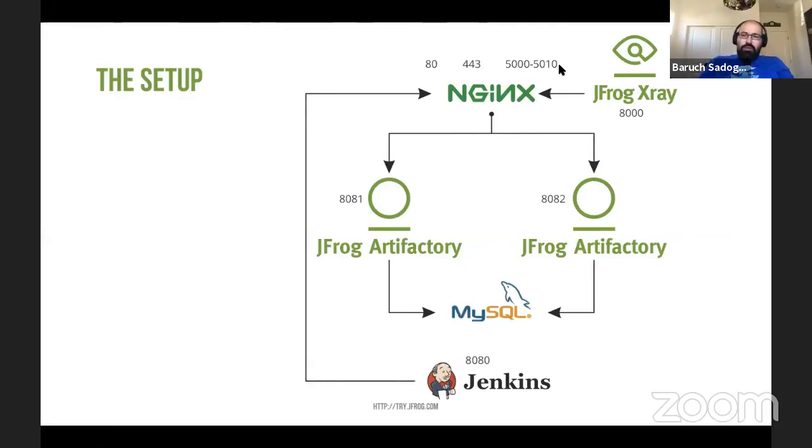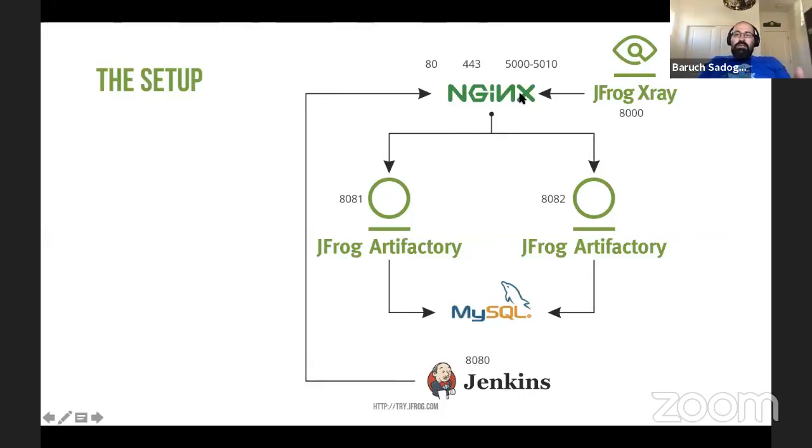And since the majority of you are experienced with Artifactory, you probably know that Artifactory enables you to expose multiple Docker registries inside one Artifactory instance, and those Docker registries are actually filtered by port numbers or by virtual hosts. Here we use port numbers 5000 to 5010.